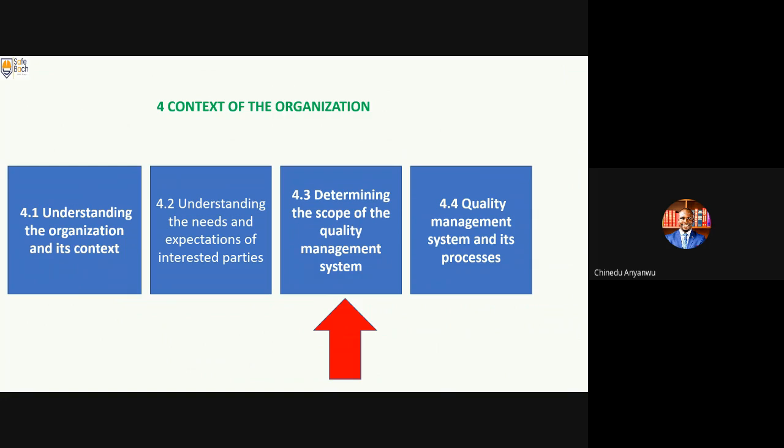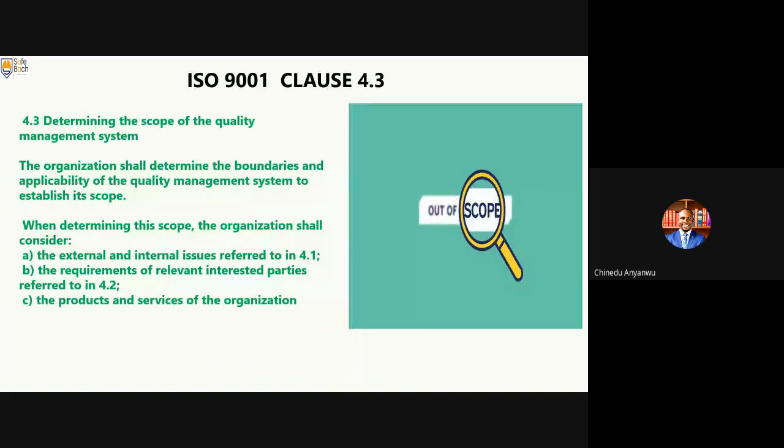If you haven't been following this series, please do well to look at the other series we have done on understanding the organization and its context, and understanding the needs and expectations of interested parties. But today we're discussing determining the scope of the quality management system.